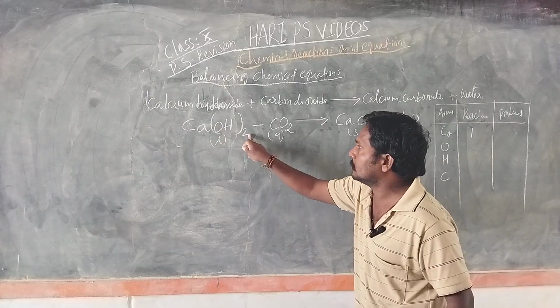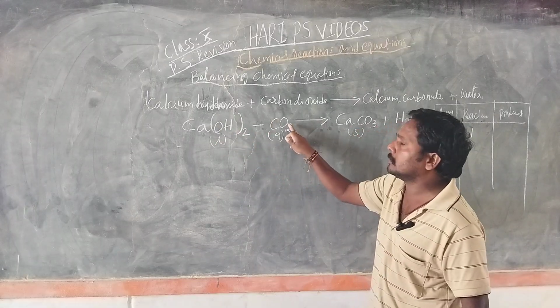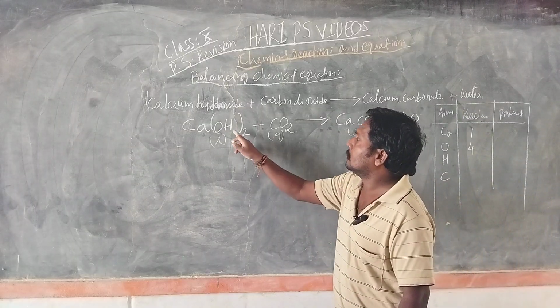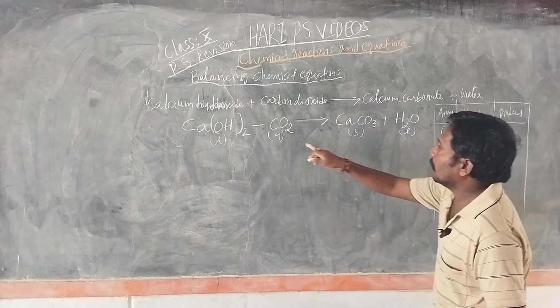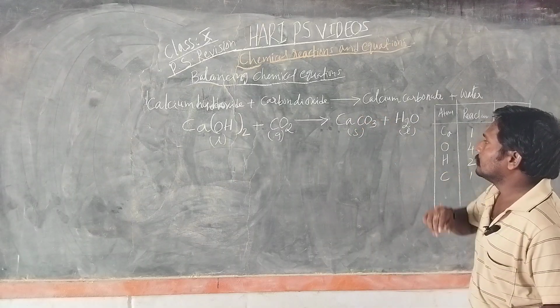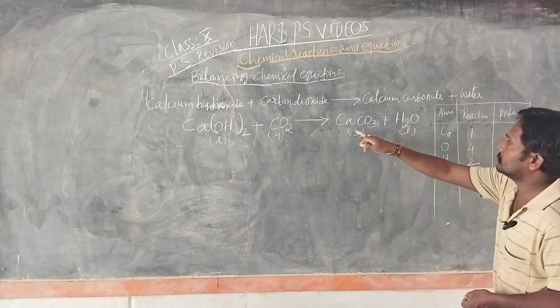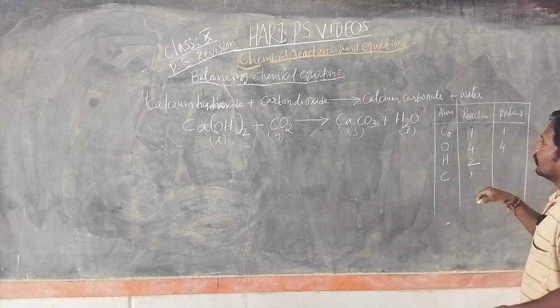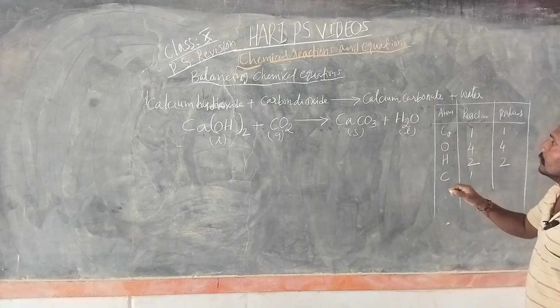In calcium hydroxide 2 oxygens are there, in carbon dioxide 2 oxygens are there, so 4 oxygens, then 2 hydrogens, 1 carbon. Then on the product side, calcium 1, oxygen 3 plus 1, that is 4, hydrogens 2, carbon 1.